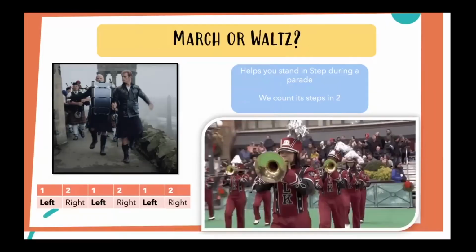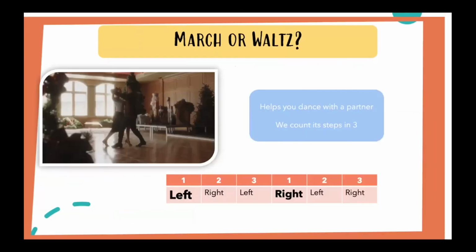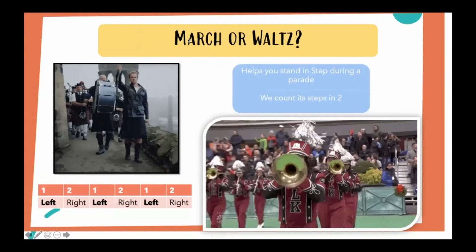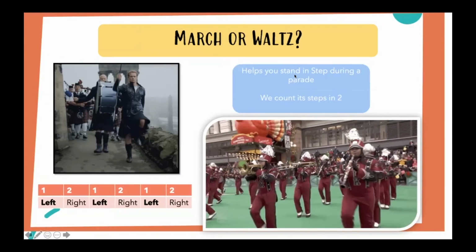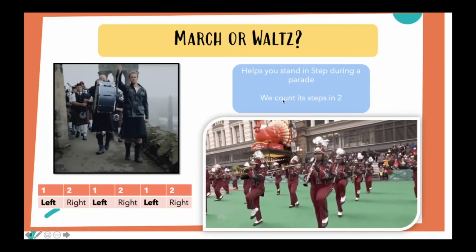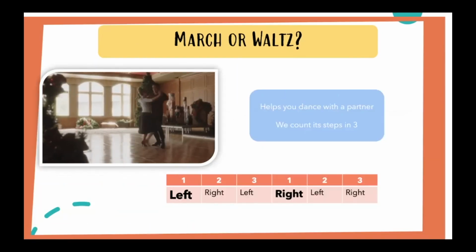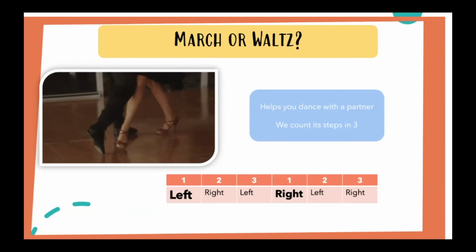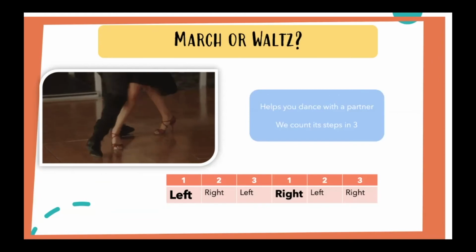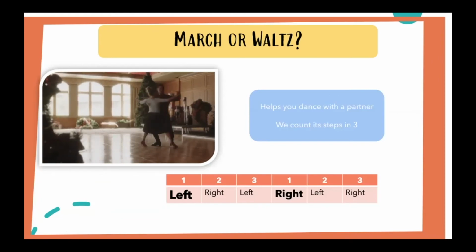Now let's see what a waltz is. As we said before, the march helps you stand in step during a parade, and we count each step in 2. And we have a waltz, which helps you dance with a partner, and we count this in 3. So it's like 1, 2, 3, 1, 2, 3, 1, 2, 3.